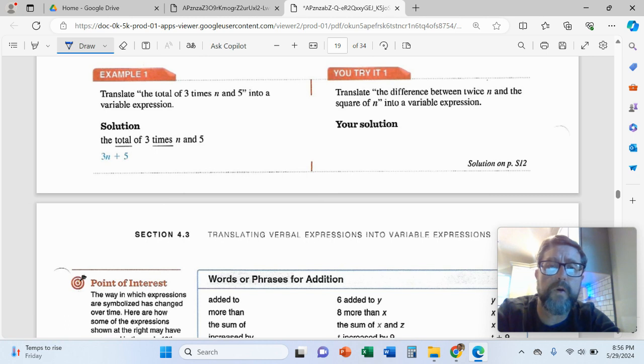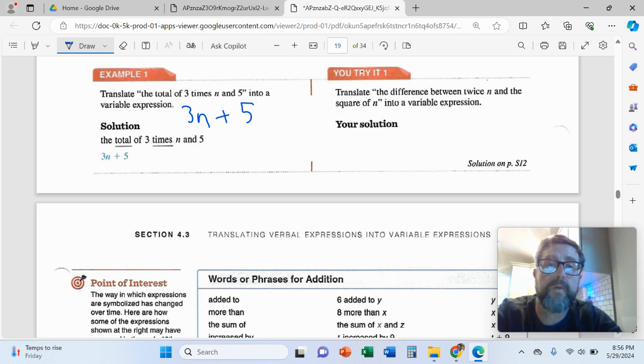Translate the total of 3 times n and 5 into a variable expression. Basically we go 3n, because remember, we don't have to put a space in there. We could put times, but don't need to. So it's just 3n and 5.